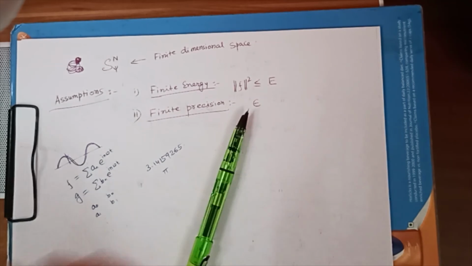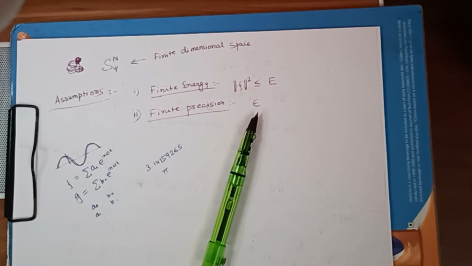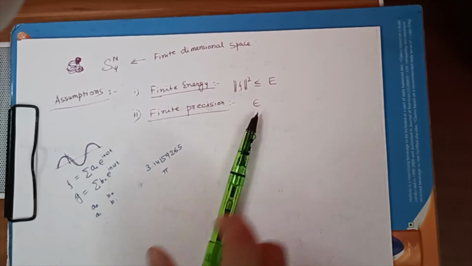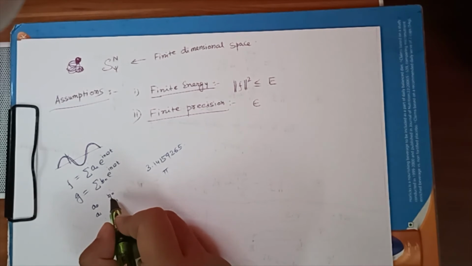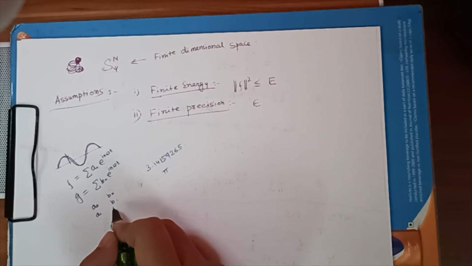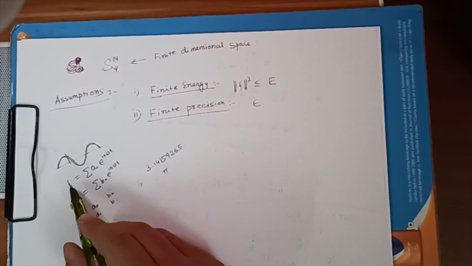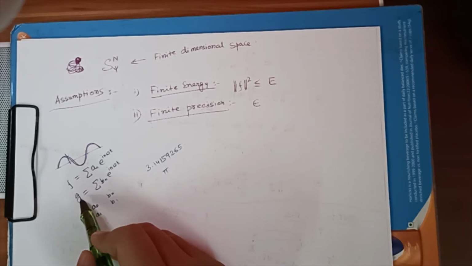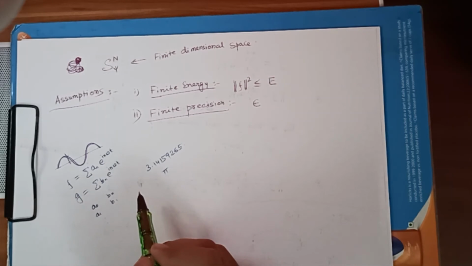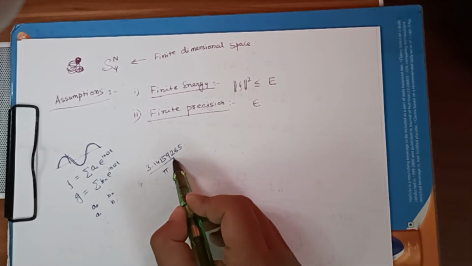So this practically equal thing we have to be very careful about, and this is called the precision. Whether a0 and b0 are practically equal, whether a1 and b1 are practically equal, then you can say whether the signals f and g are practically equal. Now this is one thing, which is a choice.